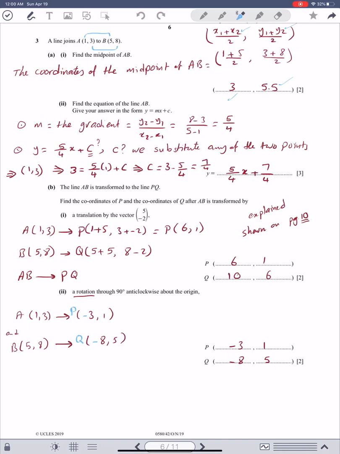In these questions, we find the two values of m and c. m is the gradient. We use the formula of the gradient, which is y2 minus y1 over x2 minus x1, which is 8 minus 3 over 5 minus 1, so it's 5 over 4.